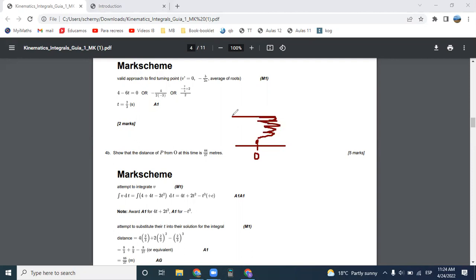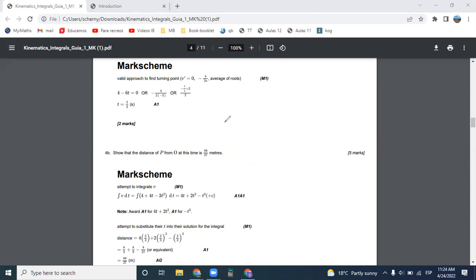If it was like this, the important thing is that if the particle ends here, this is the distance. This distance would be negative, and if the particle was here, then this would be positive, but the important thing is that the distance of P from O is the displacement, okay? This is what we are being asked. So we are being asked the displacement.